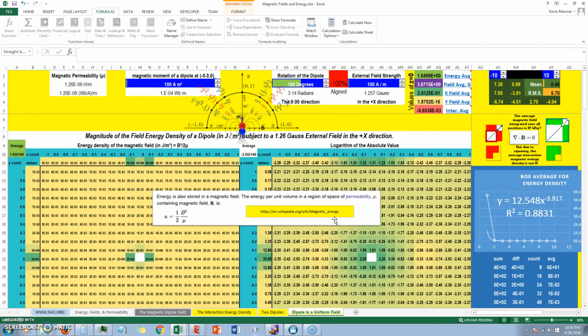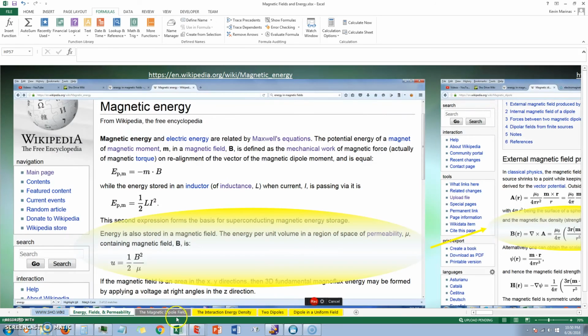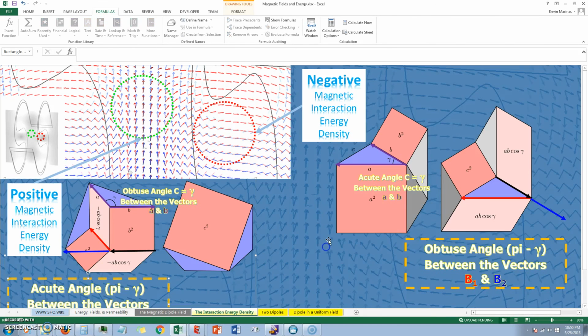But in the end, it's basically the same thing as what we have over here, the interaction energy density, working with these shapes. So in the case of a positive magnetic interaction energy density, the whole is greater than the sum of the parts.